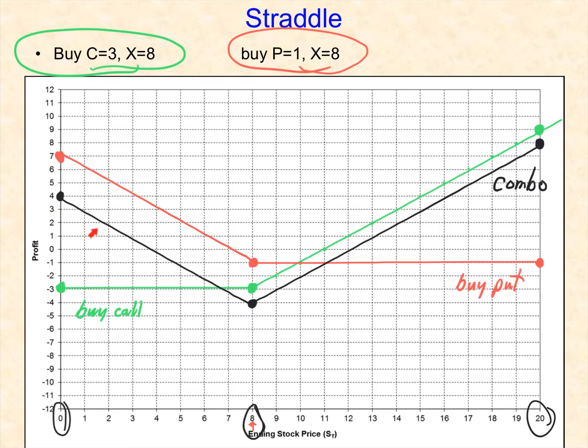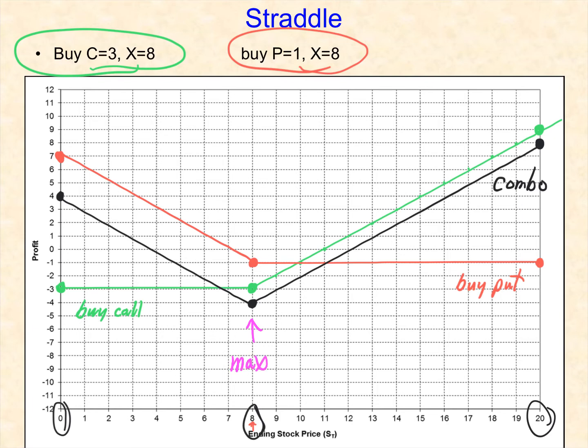Let's have a look at this V-shaped line, which is our combined payoff, or our straddle. We can see that our profits, or losses rather, are maximized right here in the middle, when the stock price stays relatively constant. So again, this is a type of volatility play.